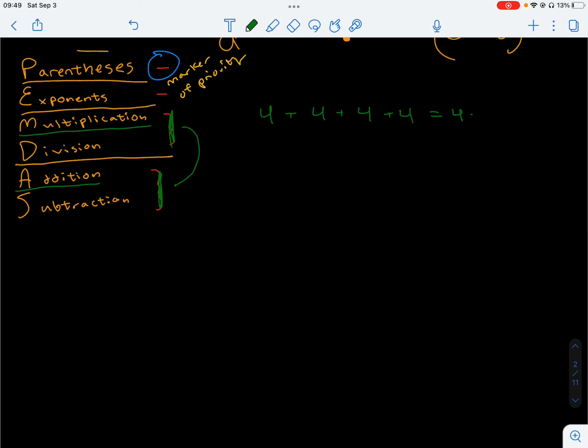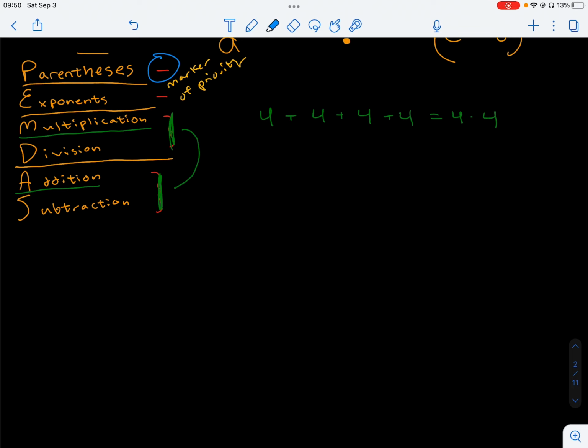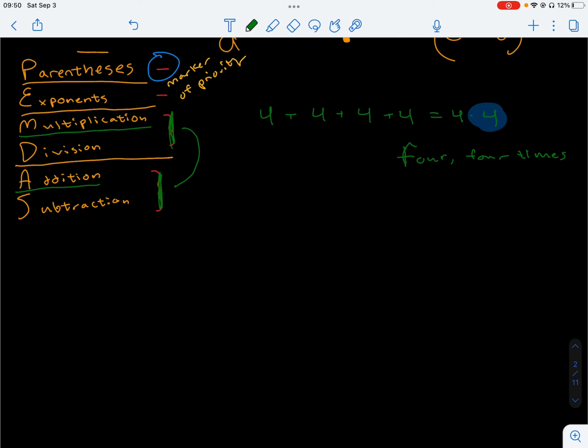So right here I have 4 times 4. 4 times 4 is nothing but 4 times. So I'm going to write it in words. This is 4 times, that's meant to be a comma, 4, because we're going to add 4 to itself, or add 4 copies of 4 together, and that's what multiplication is meant to mean.